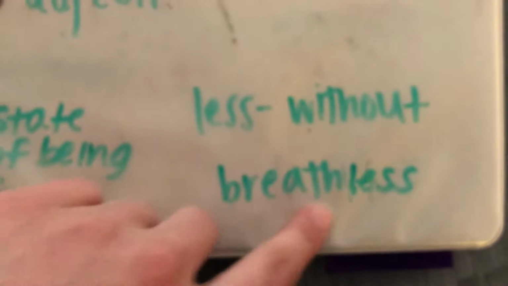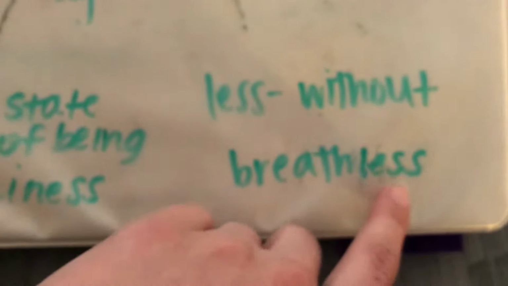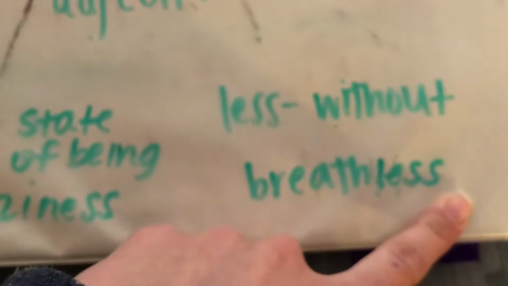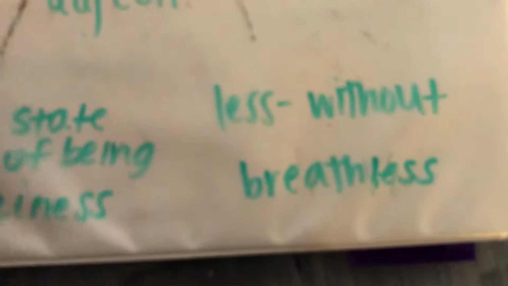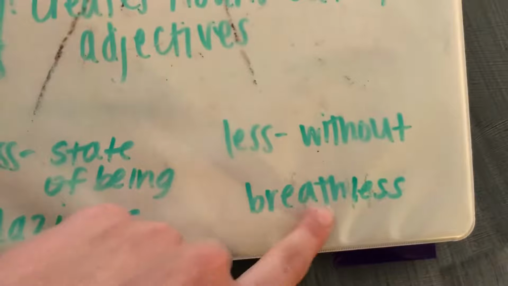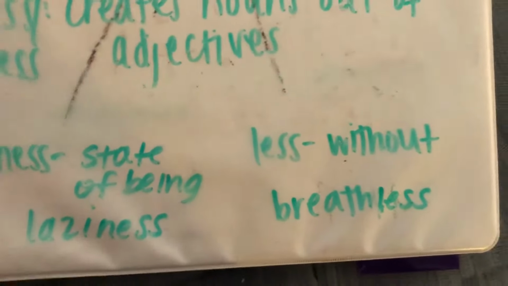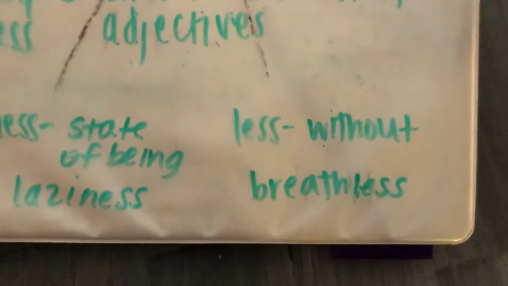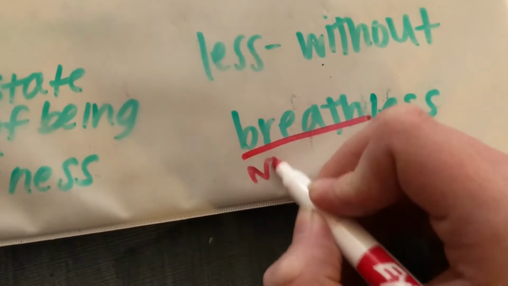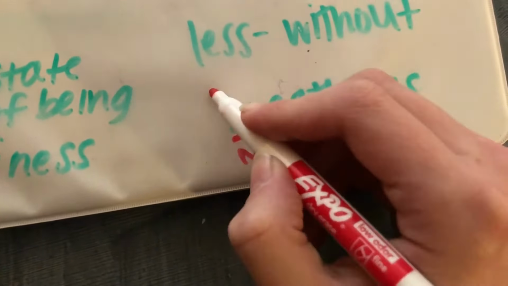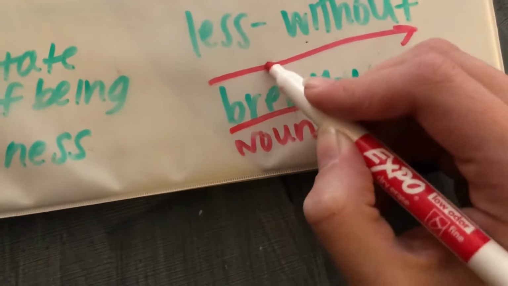And then when we add less, it means without. So our word is breath, and then we add less, and it makes it breathless. This is actually, I think I may have said these backwards. They're relating these two, but the less is actually going to change a noun into an adjective. So let me clarify that. Breath is a noun, but breathless is an adjective.